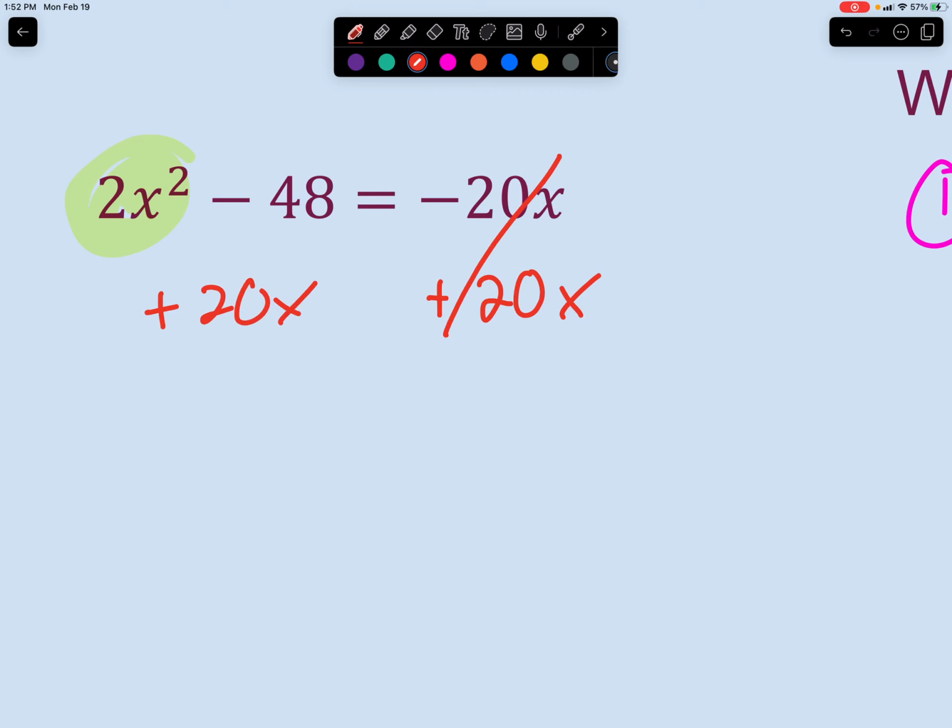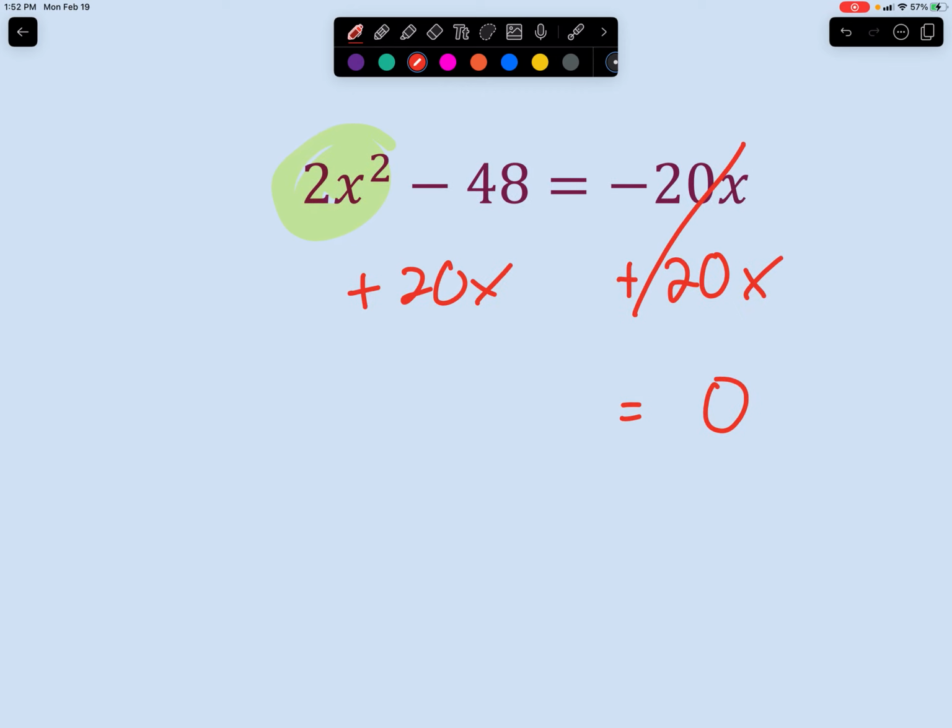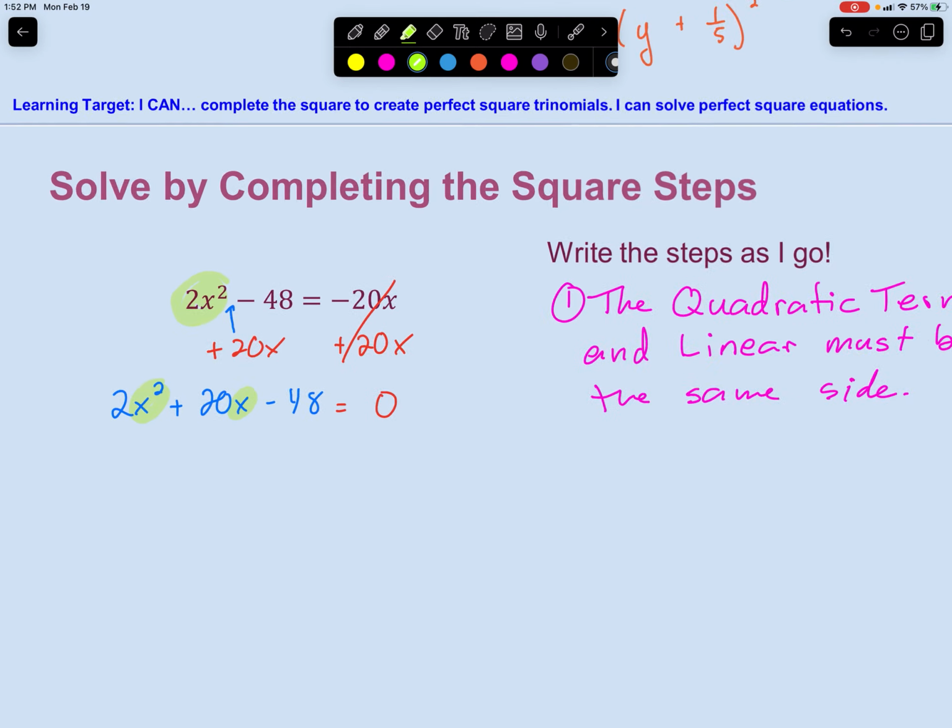So this will become 0. And on the left side, I'm just going to squeeze my 20x right here in between. 2x squared plus 20x minus 48 equals 0. So this is a must. We have to have our quadratic term and our linear term on the same side.